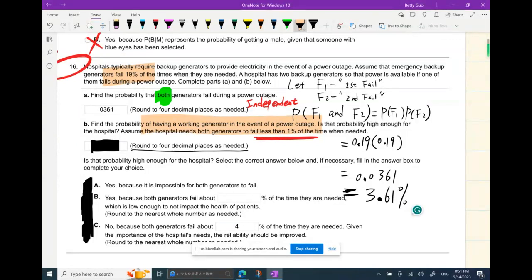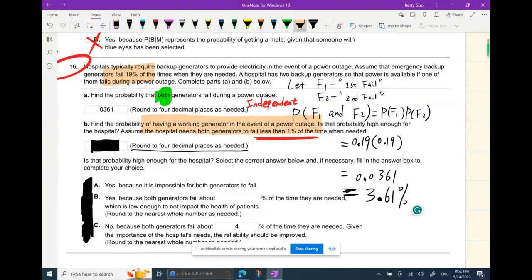That means the probability that both of them fail did not occur, right? You see what I'm talking about? Is that event the complement of F1 and F2? What's the complement of the hospital having a generator?